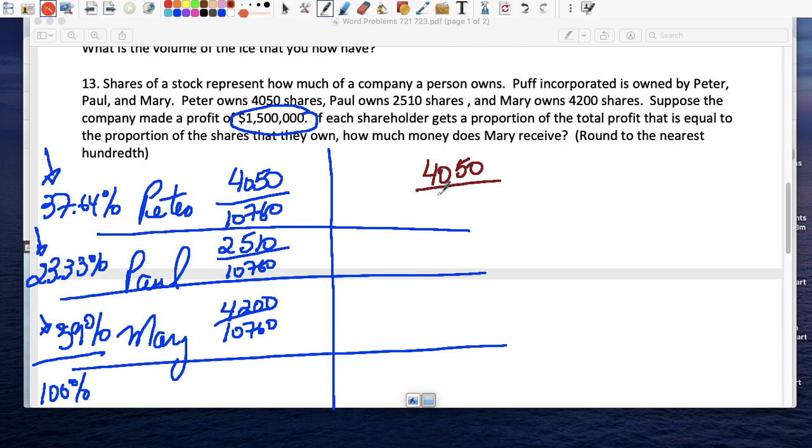So Peter's sitting at the table, and he wants to know how much money he's going to take. Well, he owns 4,050 shares out of 10,760. All he has to do is multiply that by that. So I'm trying to figure out if there's a nicer way of doing this.